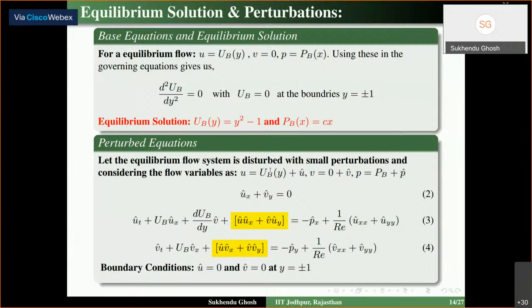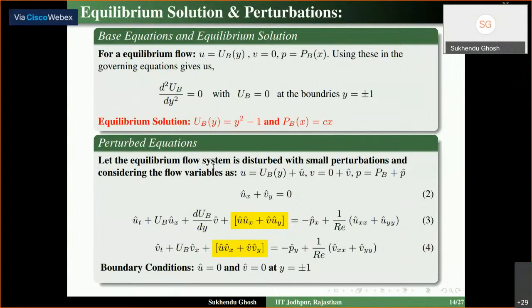One is the equilibrium solution part and the other is the perturbation part, that is u cap. Similarly v cap and p cap. So these cap variables denote some correction to the solution, or perturbation to the solution. You can think of it as correcting the solution to get the appropriate solution of the disturbed system.